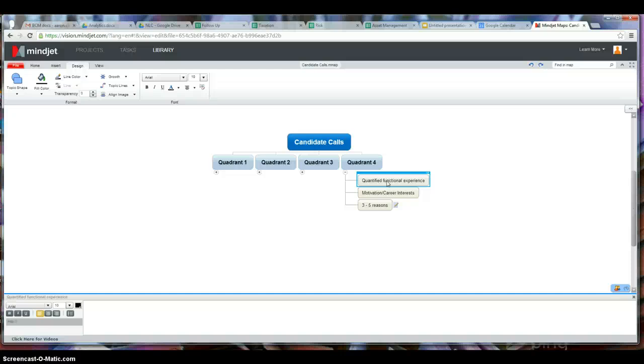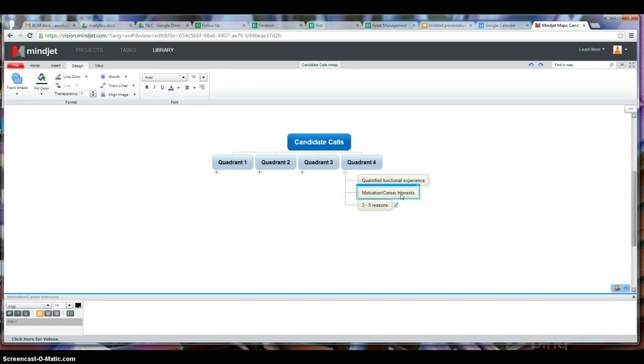Before we do the call, which we'll get into in the pre-call best practices, we need to know exactly what functional experience we want to quantify. For example, if we know they're a risk manager and they have Dodd-Frank on their profile: how many years of Dodd-Frank experience do you have? Or if you had to quantify your Dodd-Frank experience, how many years would you say you have? That's going to be very helpful.